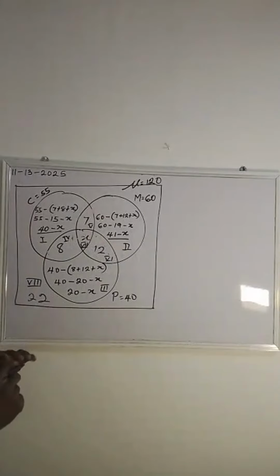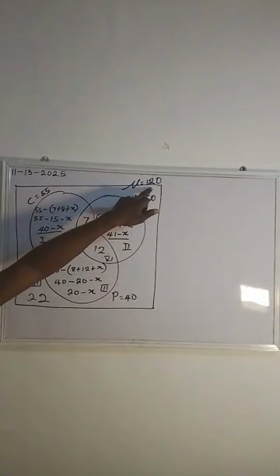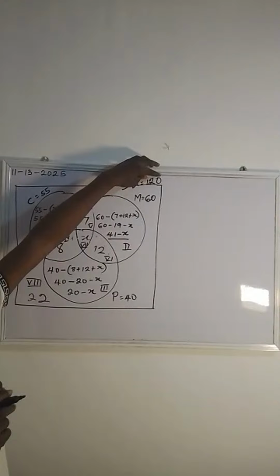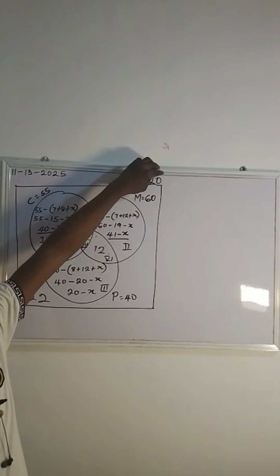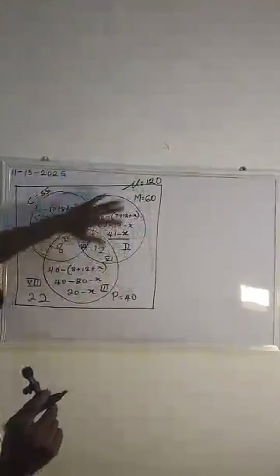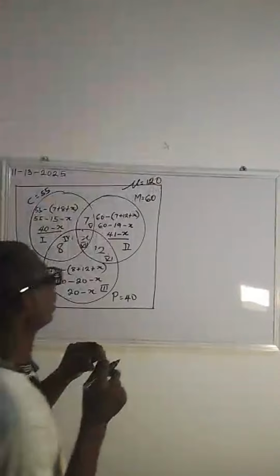If you add all the parts together, you equate it to the universal set, because all of these parts equal 120. And don't forget, everything is inside the universal set.